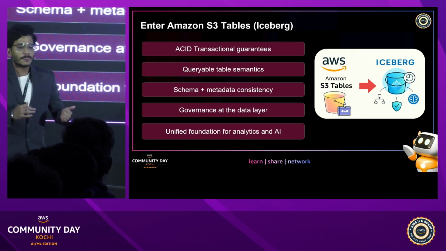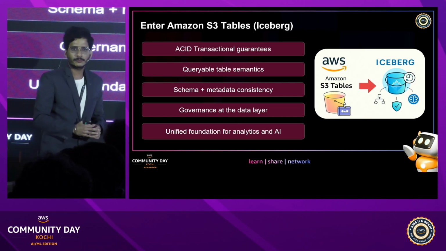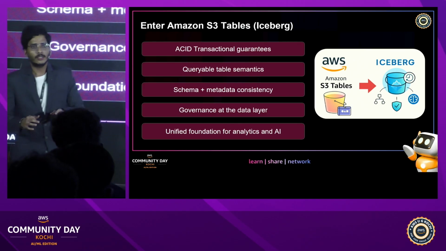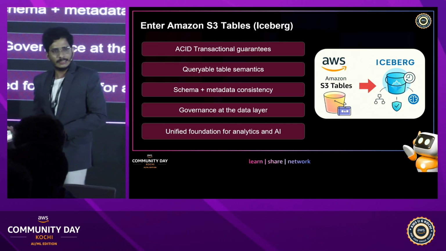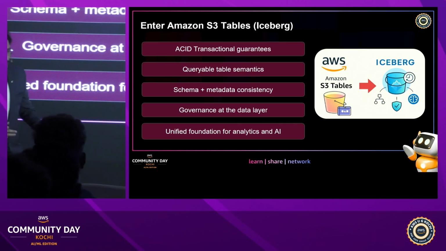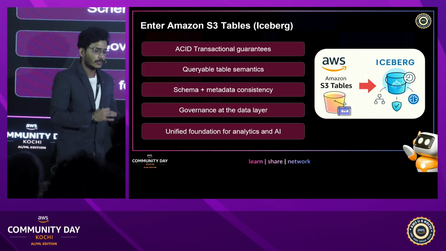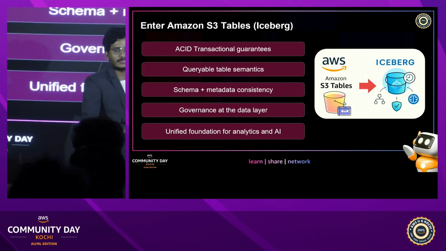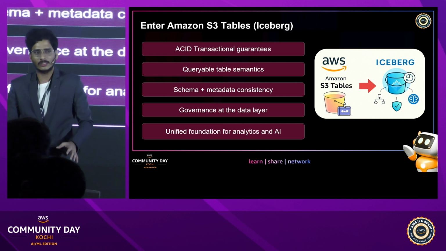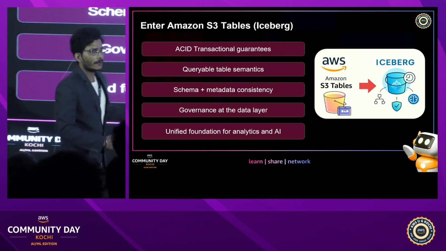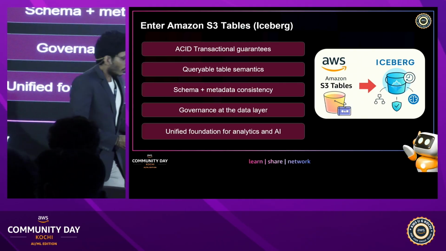How many of you have heard about the Lake Formation service in AWS? Super. Lake Formation can be easily integrated with S3 Tables, which helps provide governance and security for AI systems. S3 Tables can also be integrated with Glue, Athena, EMR and other services, which makes S3 Tables a one-stop solution for building our data platform.